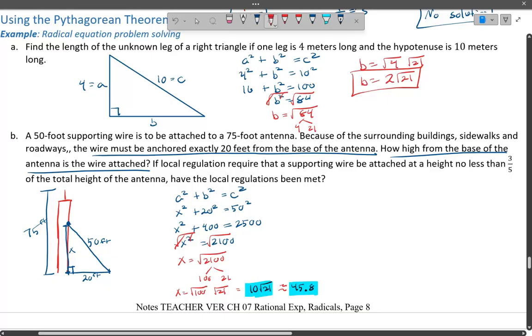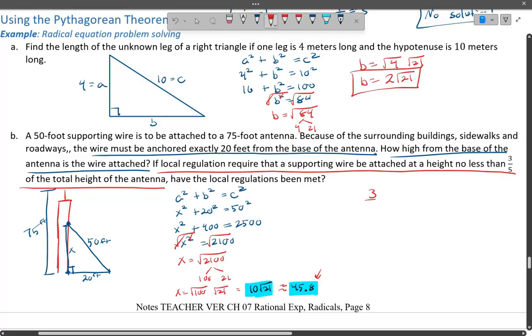Now the second part of the problem asks, if the local regulation requires the supporting wire to be attached at a height no less than 3/5 of the total height, have the local regulations been met? And so we have to figure out, is this distance more than 3/5 the total height?